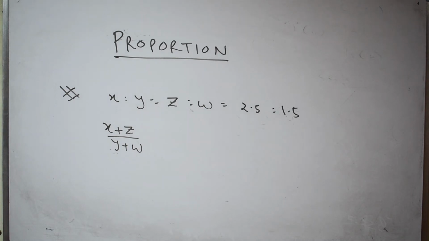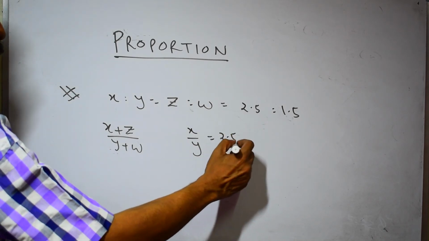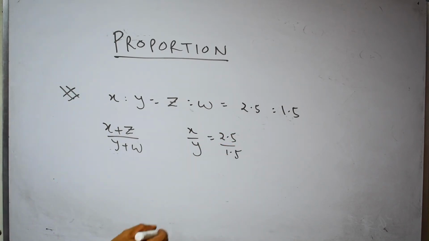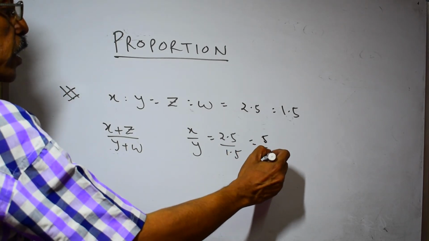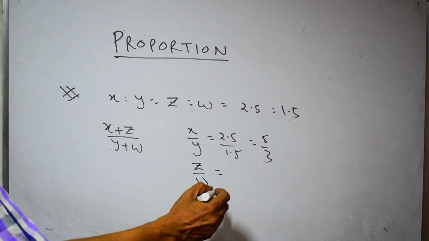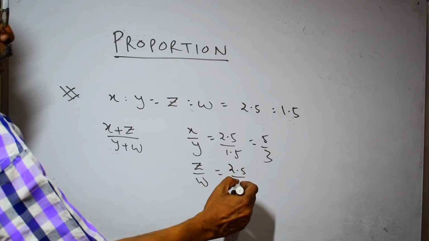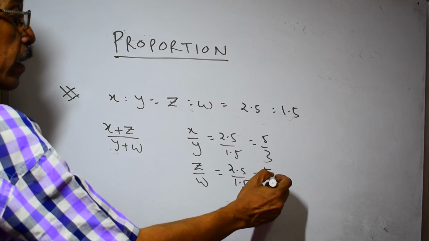Actually, x by y is 2.5 by 1.5, which is cancelled with 0.5, so it will be 5 by 3, and similarly z by w is also 2.5 by 1.5, that will also be 5 by 3.